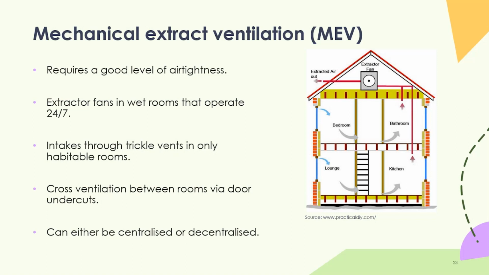Or you might have separate units in the bathrooms and kitchens which operate in that same manner. So they're constantly on a tick over level, and then they boost as those rooms are used and the humidity levels increase.